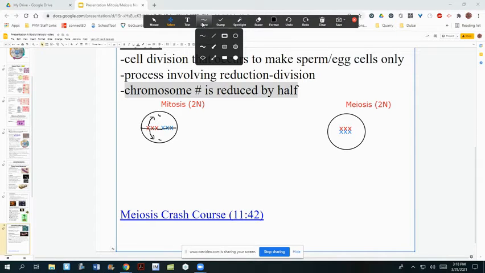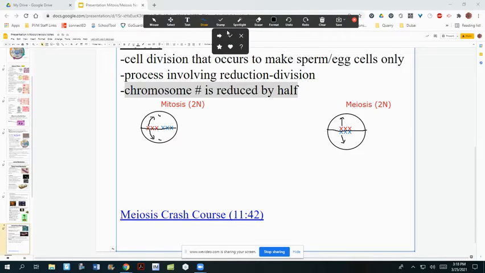So now, because they line up like this, the first division is going to actually cause these chromosomes to not be pulled apart like they were in mitosis.